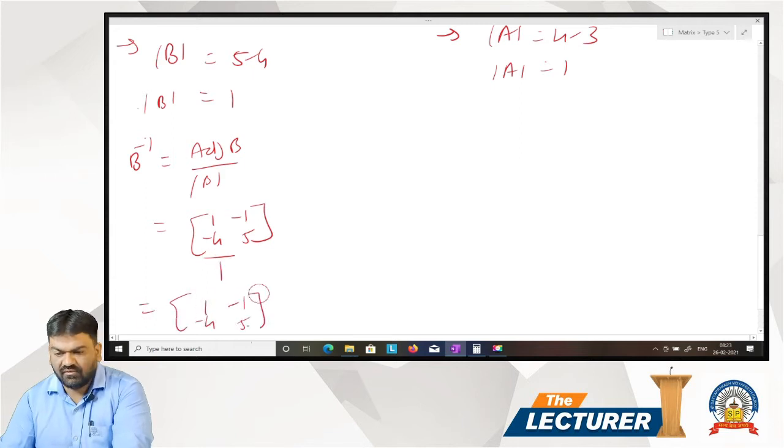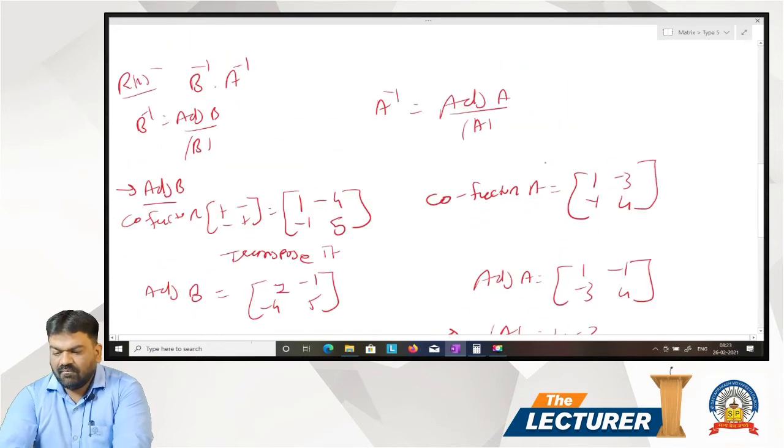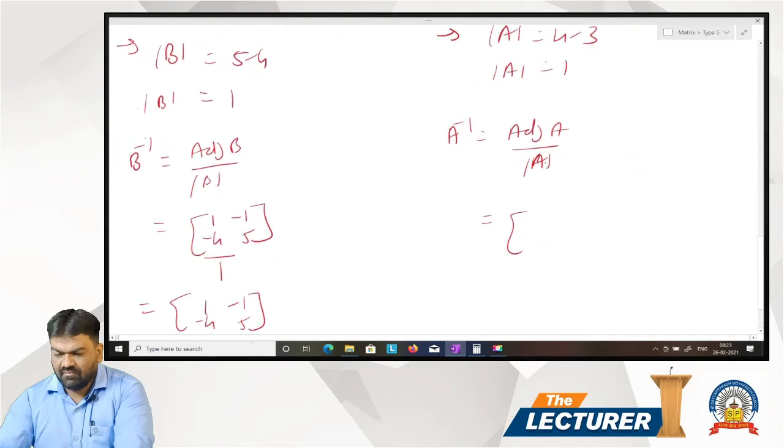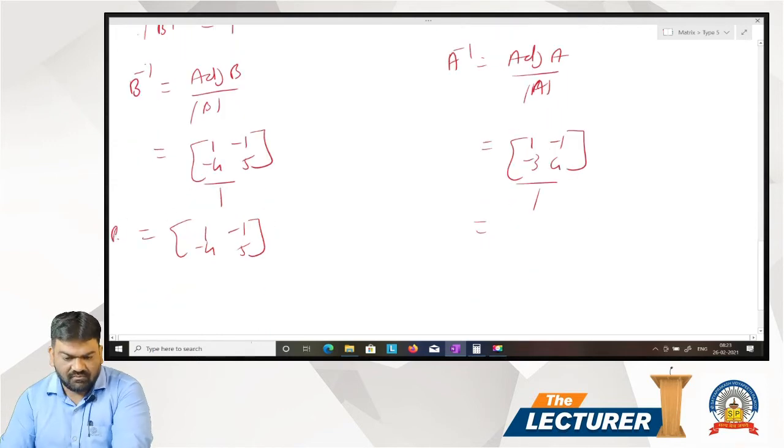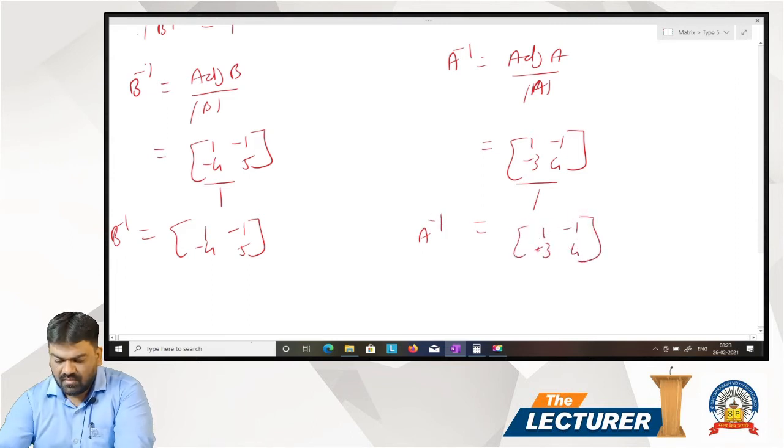Same way, A raised to minus 1 is equal to adjoint of A divided by determinant of A. Adjoint of A [1 -1; -3 4] divided by 1. A raised to minus 1 is [1 -1; -3 4].